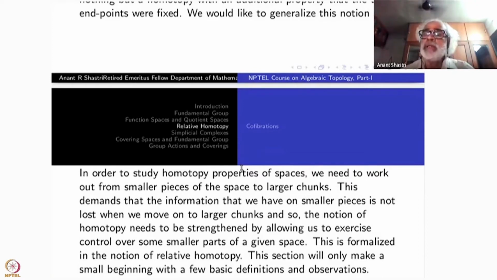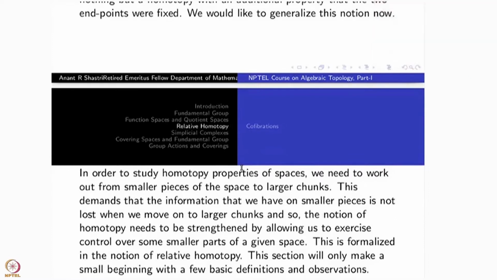So there we have to keep the functions as they are. Don't change them. This section will be only a small beginning, actually, only a few definitions and observations. Even this has to be developed step by step.